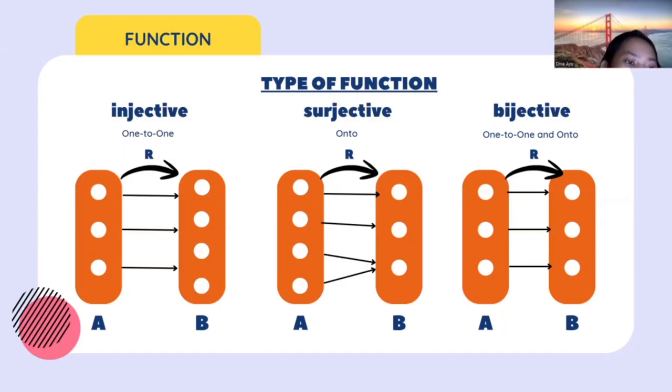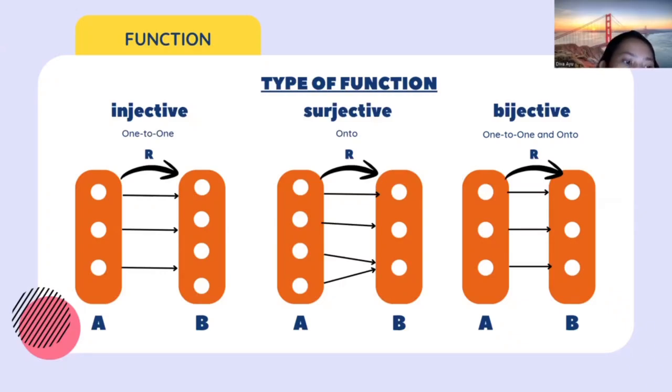It is also called a one-to-one function because each element in the codomain can be paired with only one element from the domain. The second is the surjective function. A surjective function is a function in which every element of the codomain is related to at least one element of the domain. It is also known as an onto function.